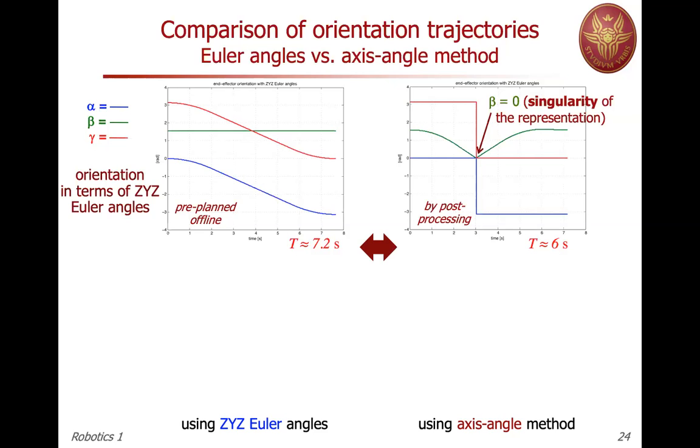Indeed, for every intermediate orientation that we get, we could extract the three angles of the ZYZ representation, and that would be the profile. You see, constant angle for beta for some intermediate motion until the half of the motion, in fact, until 3 seconds, while the beta angle would fall down to 0. And falling down to 0, this would be the singularity.